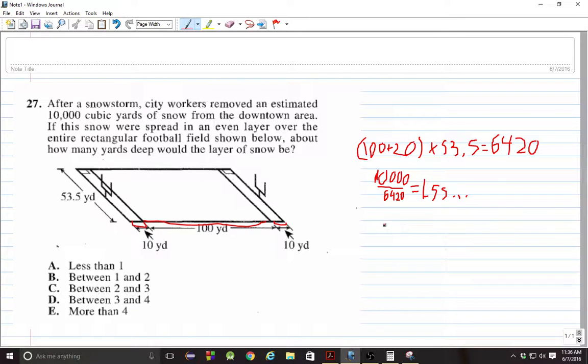Okay, so now we know that it's between 1 and 2. The answer is B.